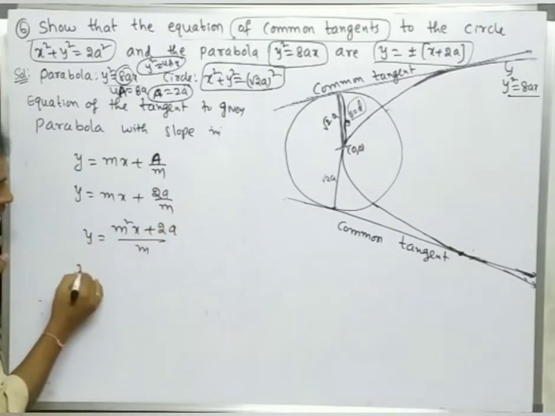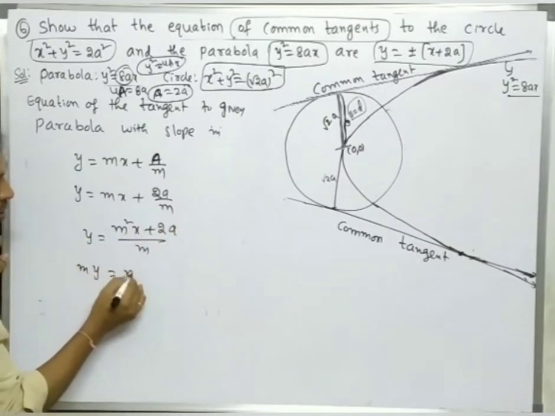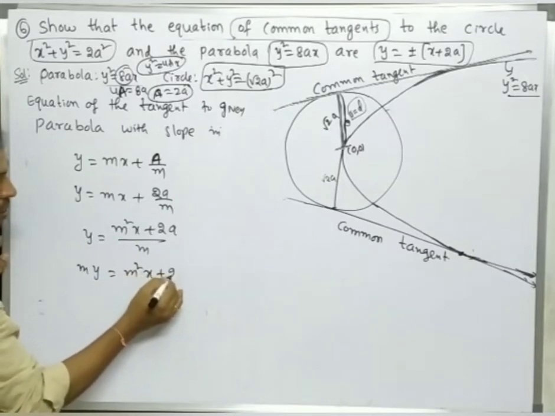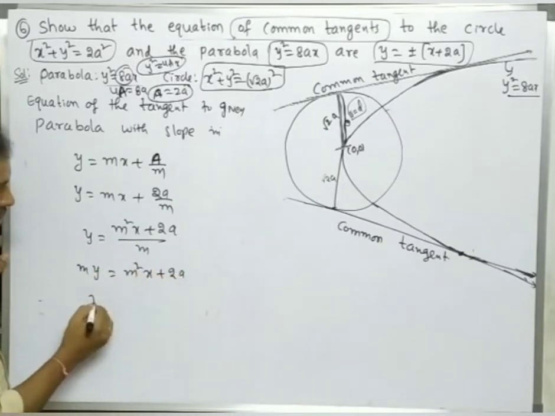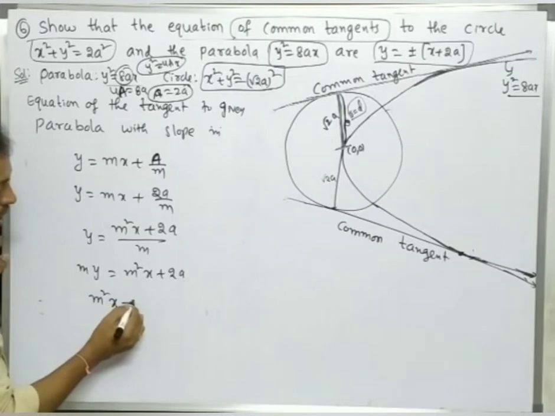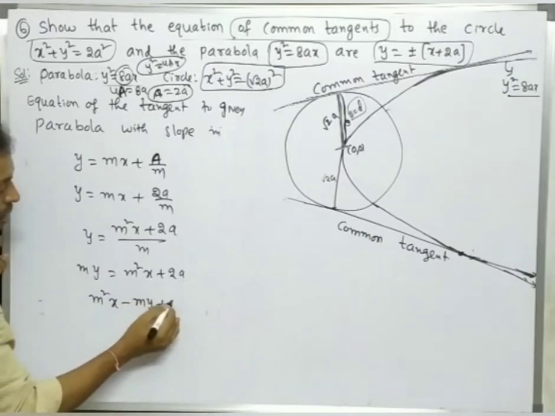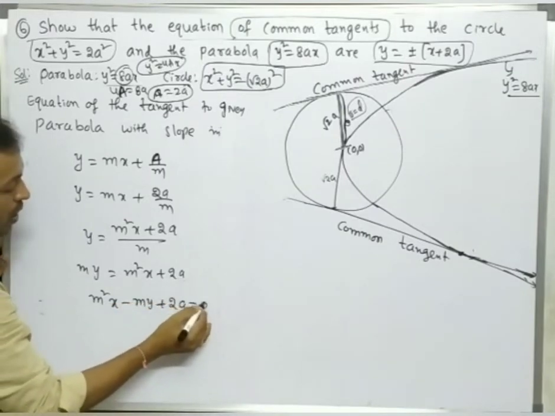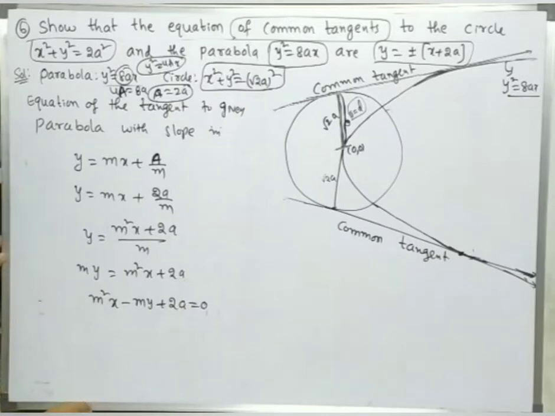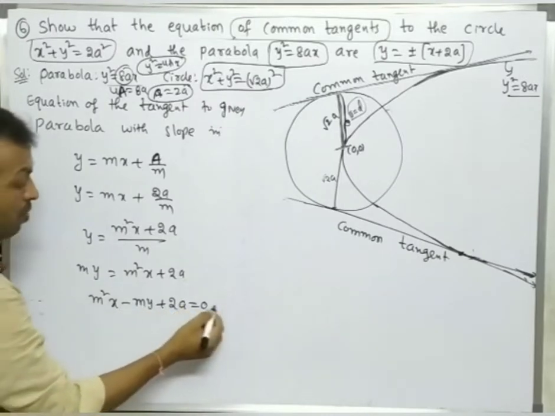So bring to the right side. Left side, my is equal to m square x plus 2a. Rearrange the terms, and you will get m square x minus my plus 2a is equal to 0.